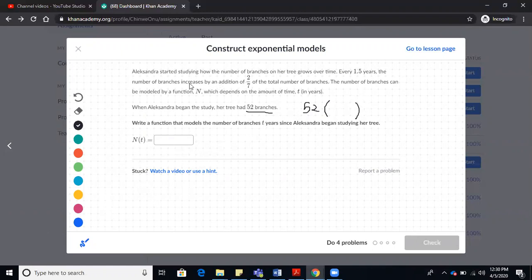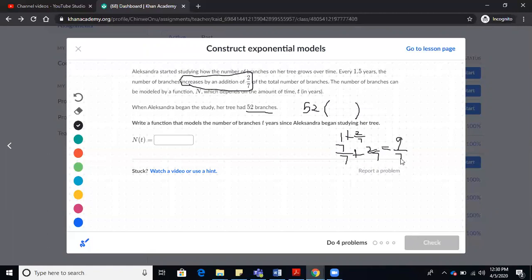So here we have an increase of 2/7, so I need to add 2/7 to 1. So I'm going to do 1 plus 2/7, and 1 is the same thing as 7 over 7, okay? Any number over itself gives you 1. So 7 over 7 plus 2/7 gives me 9/7. That means my factor is 9/7.